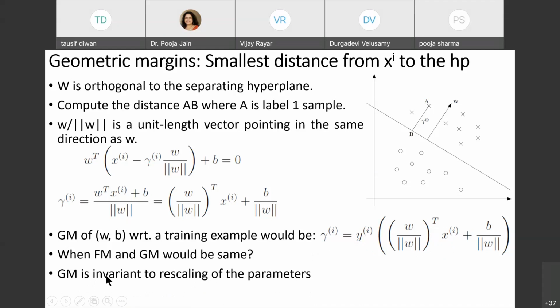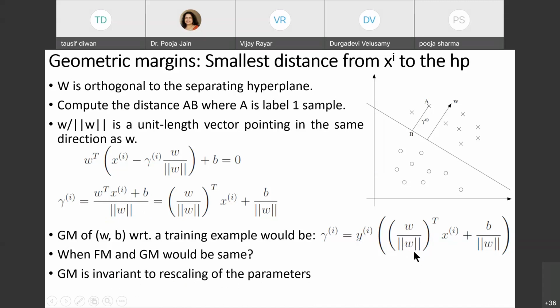Another thing, the geometric margin is invariant to rescaling of the parameter. However, the functional margin was not invariant to rescaling of the parameter. In the functional margin, we can increase or decrease the functional margin, and we can use normalized parameters also. But here, see, instead of W, if I put 10W, then what would happen?